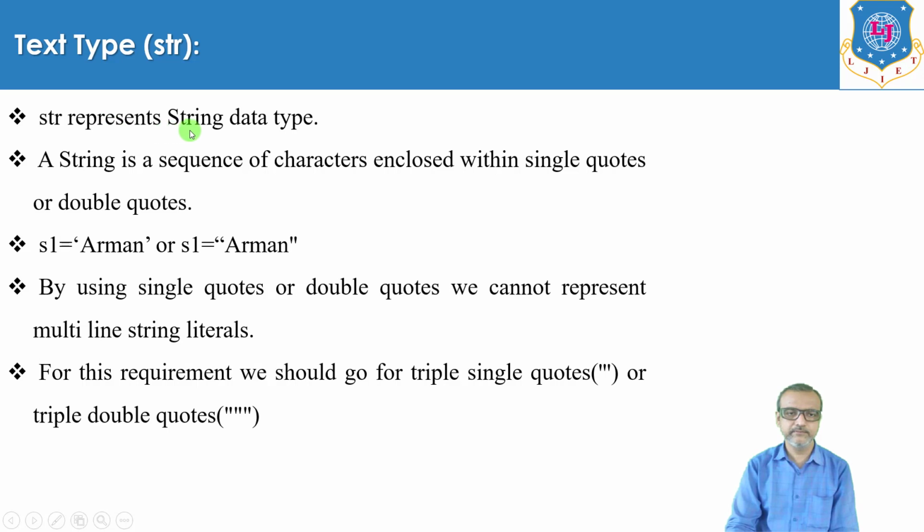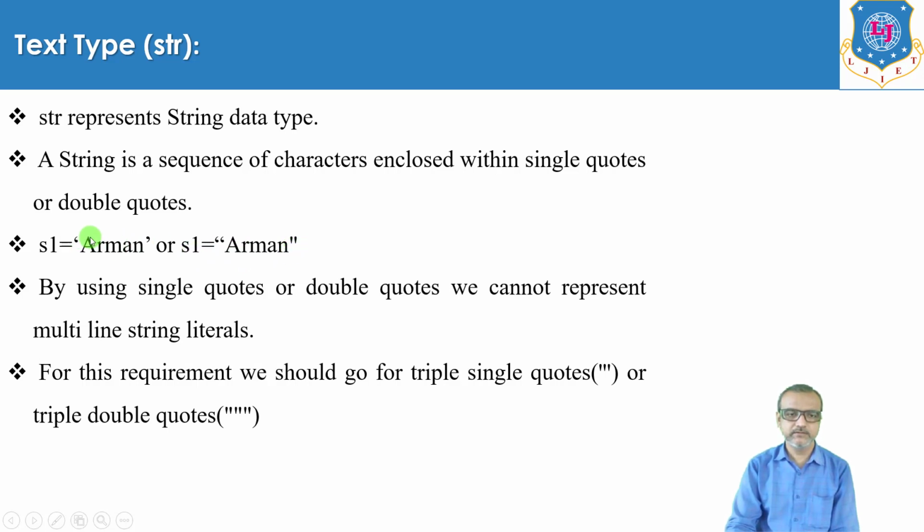str represents string data types. A string is a sequence of characters enclosed within single quotes or double quotes. For example, I have written over here S1 equals to Arman in single quotes, or S1 equals to Arman in double quotes.